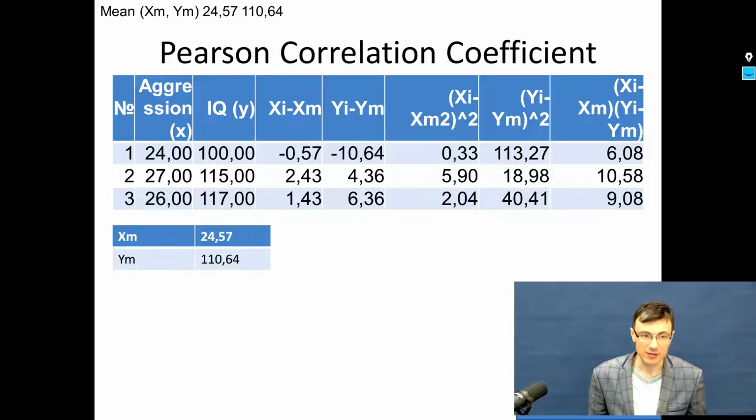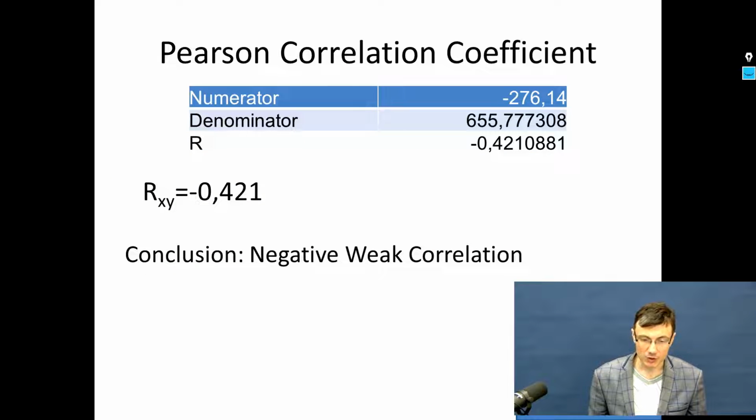We have the first three rows always, and we have the means of these two samples, and then we go to the correlation coefficient. In the numerator we have this, and in the denominator we have that.